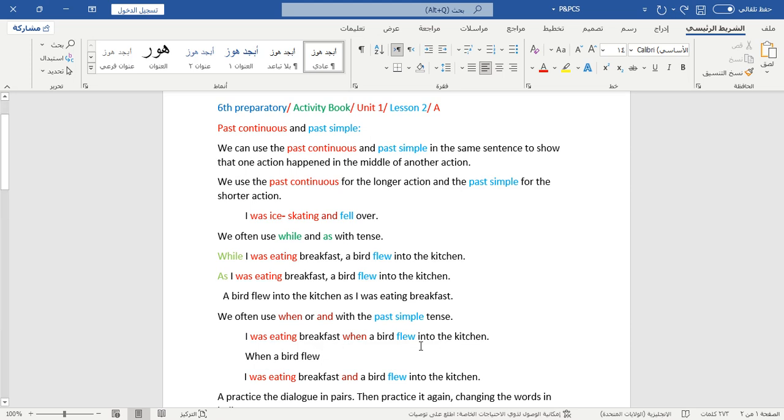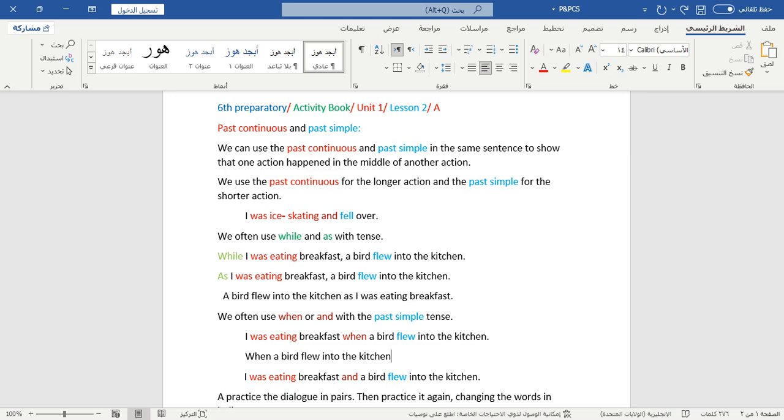What does into mean? Inside the kitchen. The kitchen. Kitchen, the T sound is a light pronunciation.